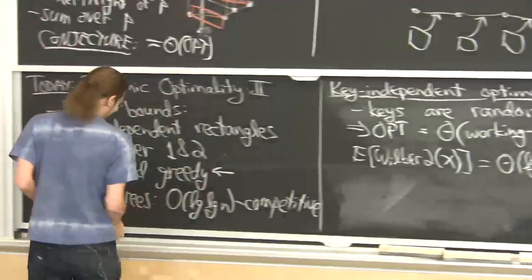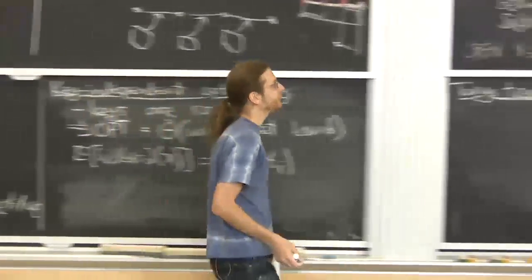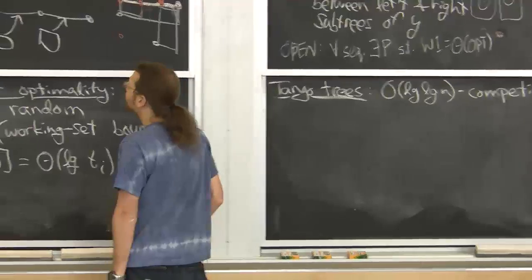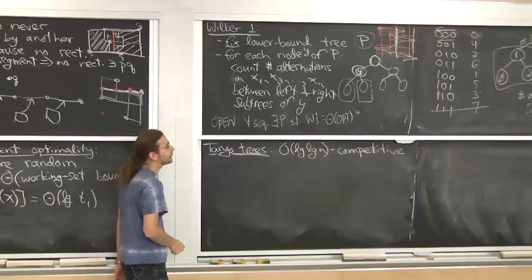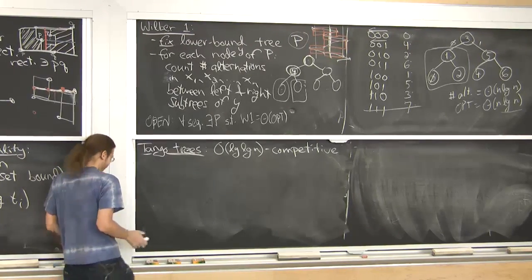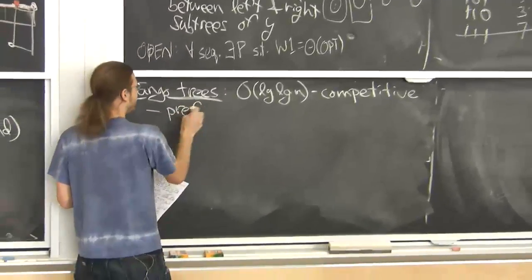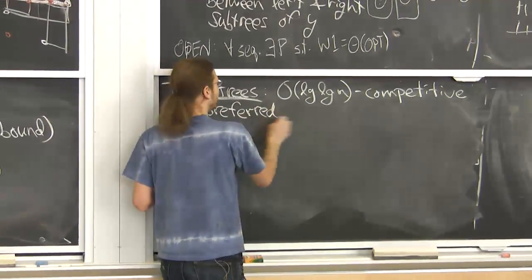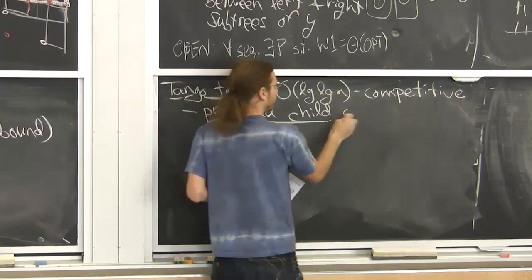But we'll see. So how do they work? It's very simple. Basically, we take Wilber 1 and we simulate it. So let me be more precise. There's one key idea, which is to look at the preferred child of a node.